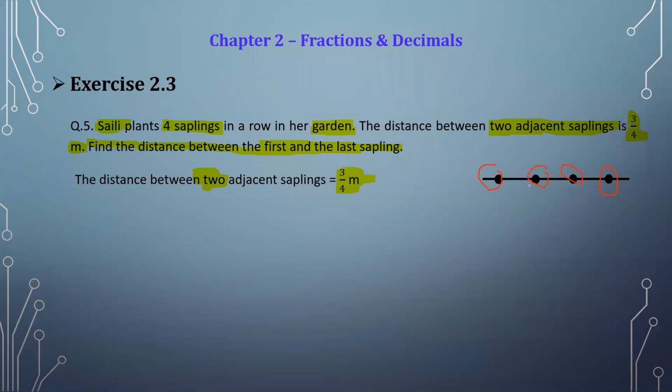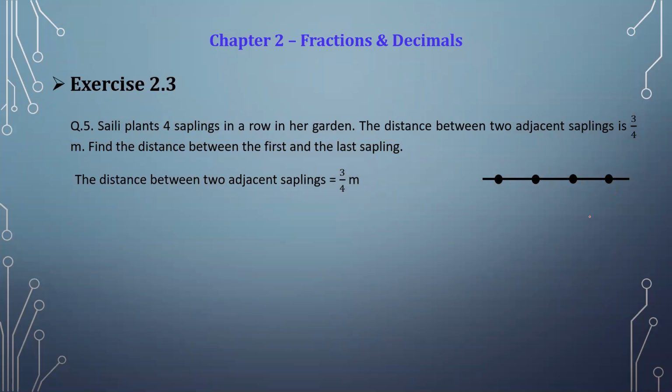And now we have to consider the distance between two adjacent saplings. Here two adjacent saplings means any two saplings which are present one after another. Suppose we consider the first and second sapling, then the distance between them is 3 by 4 meter. They have given the condition.